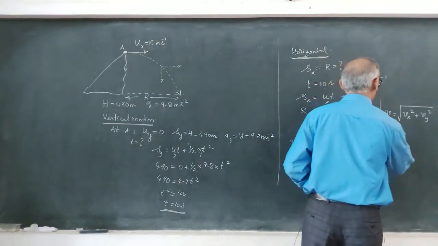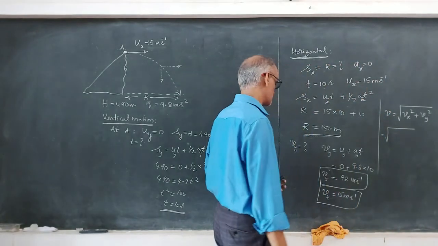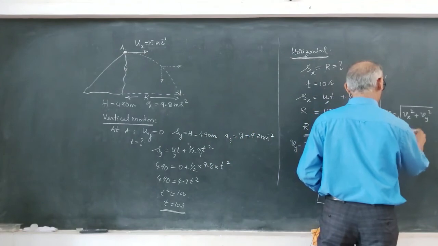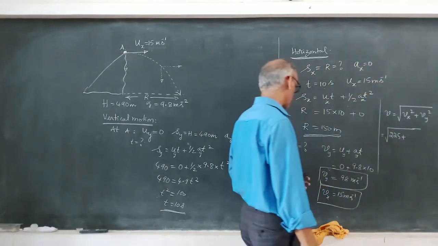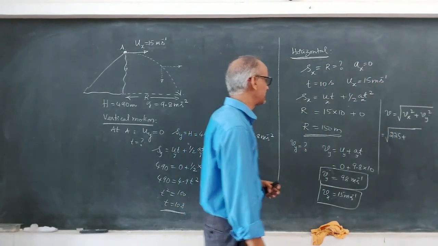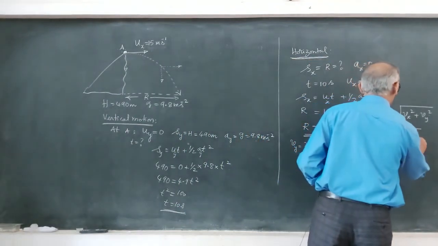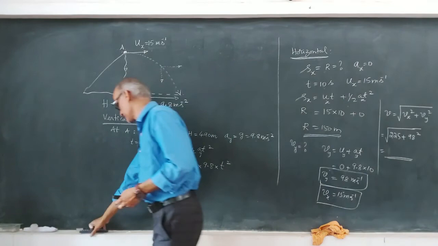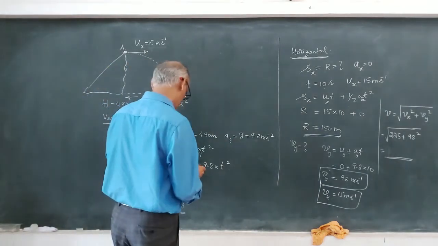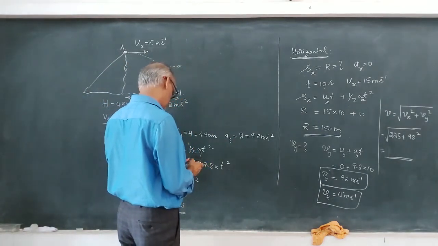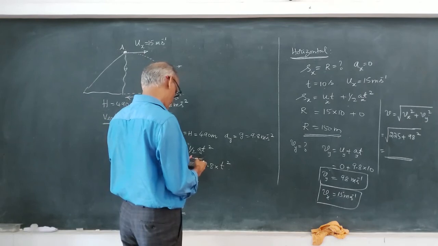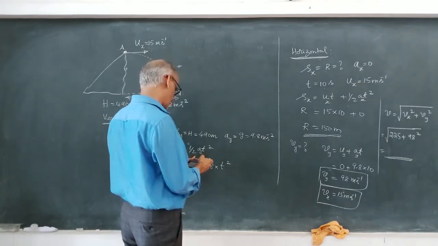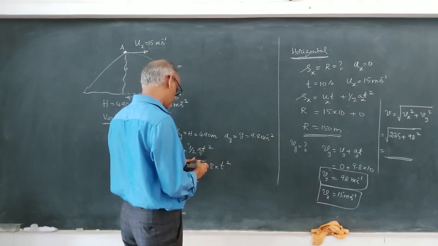That is equal to root of, what is the Vx? Vx is 15, square of it, which is 225, plus we have Vy, which is 98 square. So, let us find the value of this. First we have 98 square, then plus 225, then we have to take the square root of it.